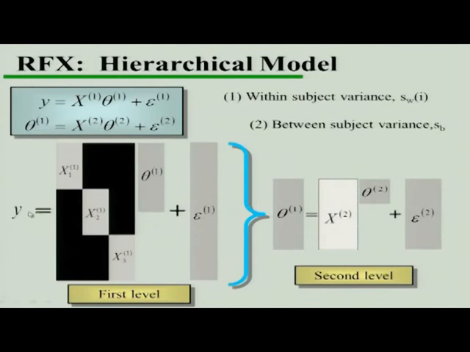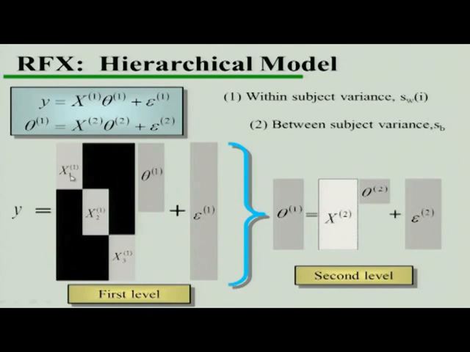And what we'd do is that our data would be all the time series from all the subjects. So here, our data vector y, at one point in the brain, would be the time series from subject 1 in that column. And then below it would have the time series for subject 2 and then subject 3.